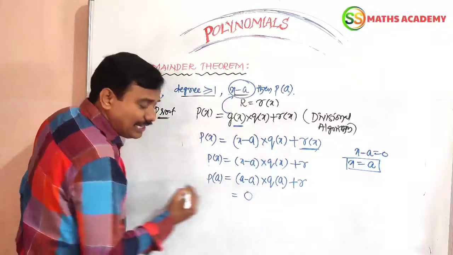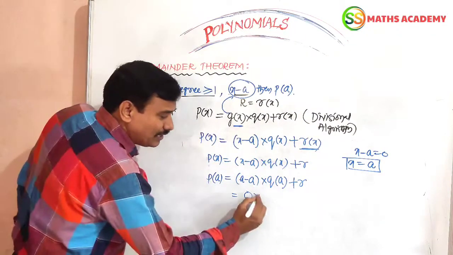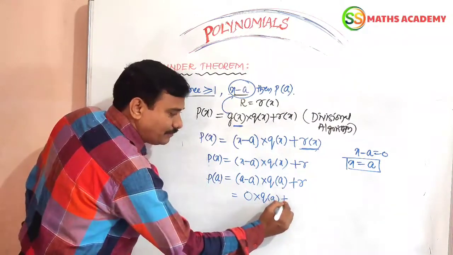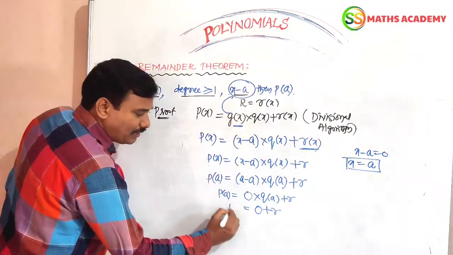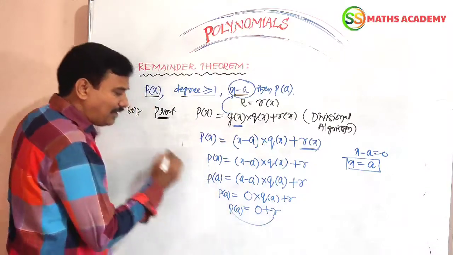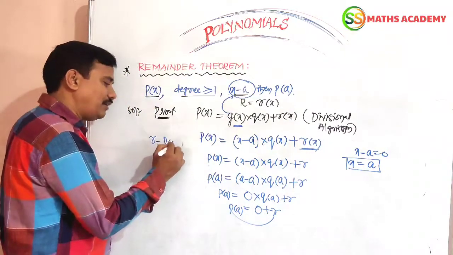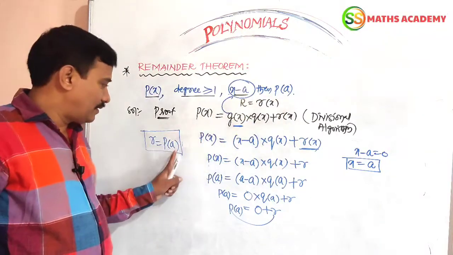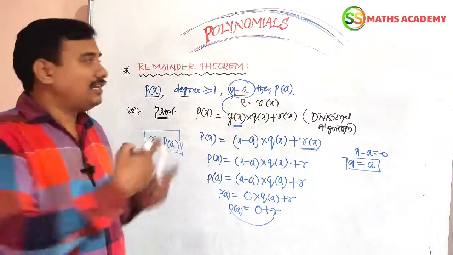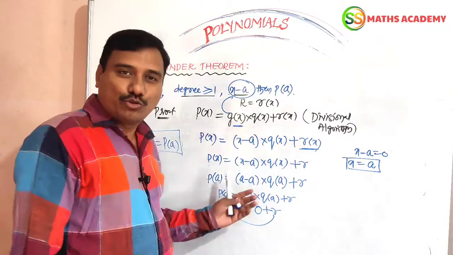You remember a minus a is 0. 0 into q of a is 0, plus r. So p of a equals the remainder. Yes, we got it. The remainder should be p of a. This is the remainder theorem proof.